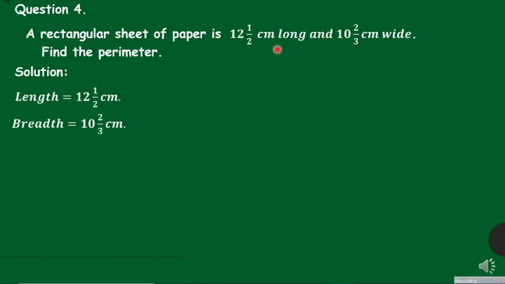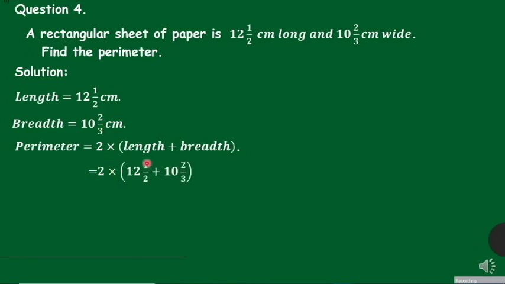Here the wide denotes the breadth. So what we need to do in this question is put the value of length here and the value of breadth here. I mean to say, we will write like this: 2 multiplied by 12 whole 1 by 2 plus 10 whole 2 upon 3.